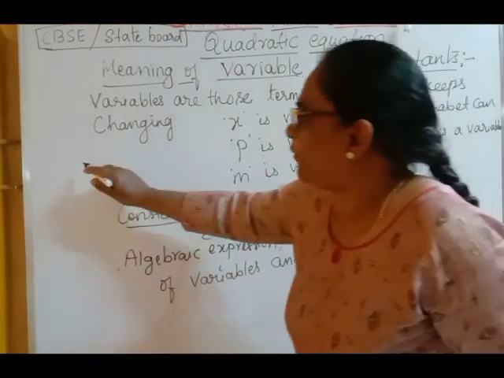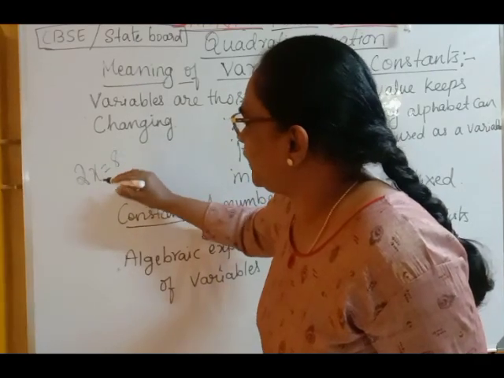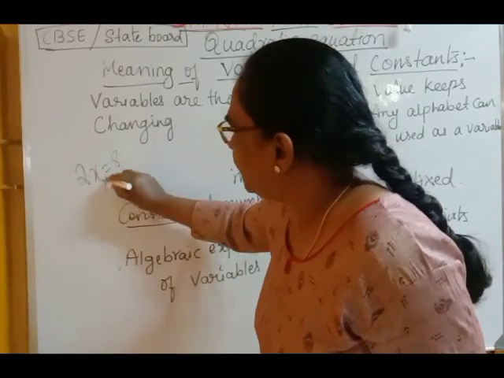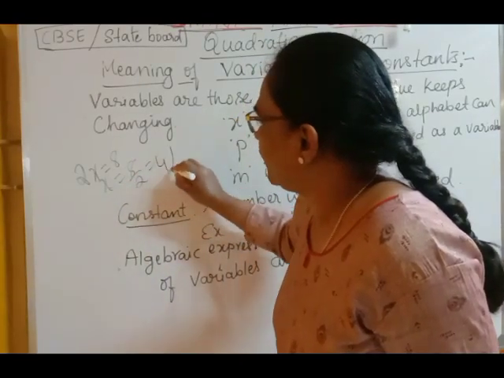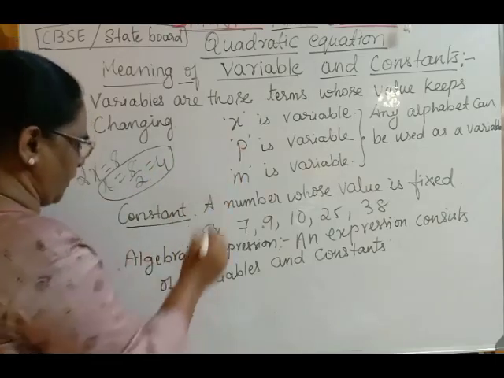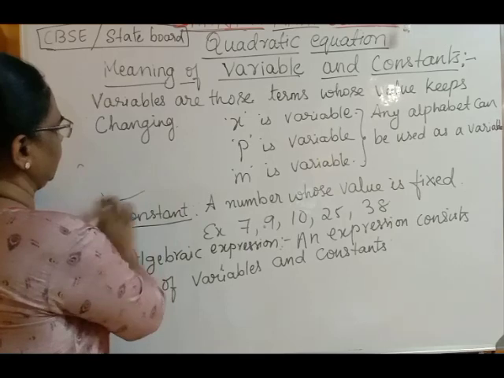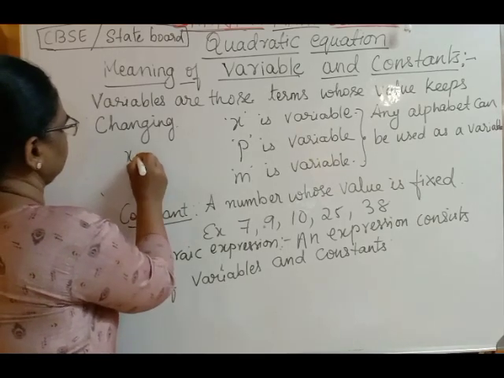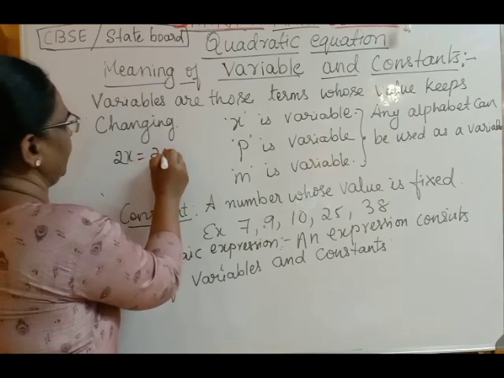Suppose you have taken one problem, 2x is equal to 8. Here x value will be x is equal to 8 by 2, that is equal to 4. Here the value of x is 4. But in one more problem, say you have 2x is equal to 20.